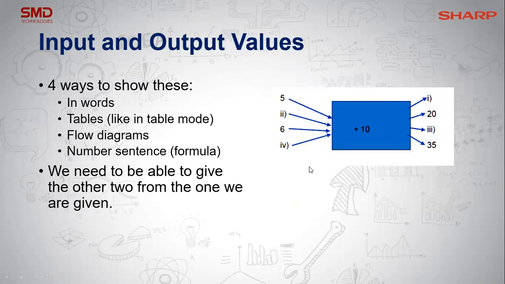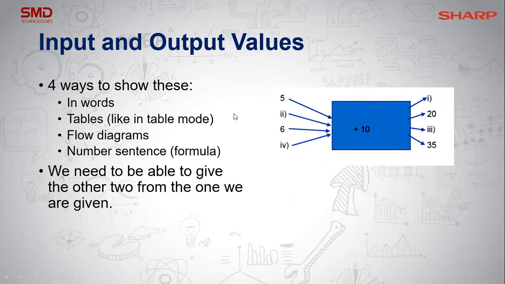Then, of course, you also need to look at your input and your output values. So we need to be able to talk about patterns in 4 different ways. In words, like, okay, I've lost 1 petal every time I move a flower over, or I've added 2 crayons to the next picture, and so on and so forth. And then, of course, tables, which we'll do in table mode in a second.